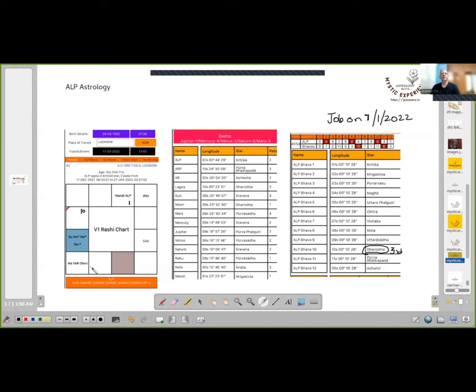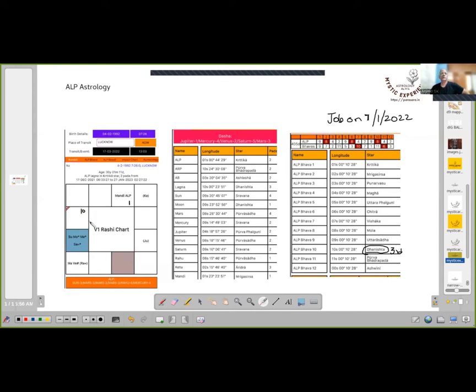The owner is in the 11th. If you look at it from the 10th, he has gone abroad, he has got the job and he's working. Income is not that high, but he still got a job. But since Shani is in the 12th, he is going through a very hard time in the new job.